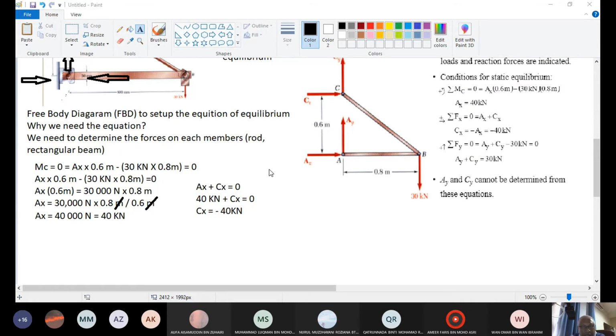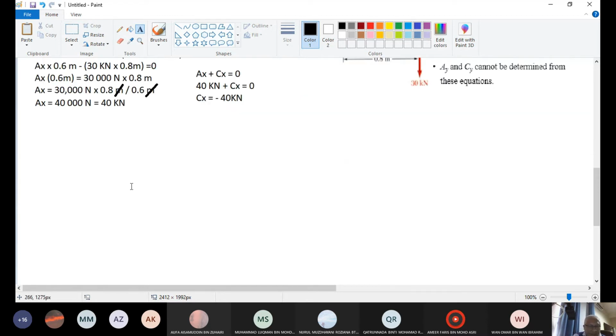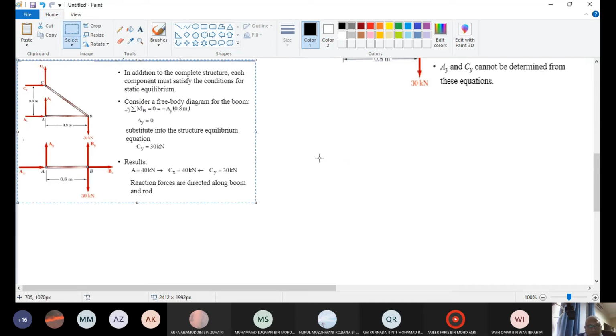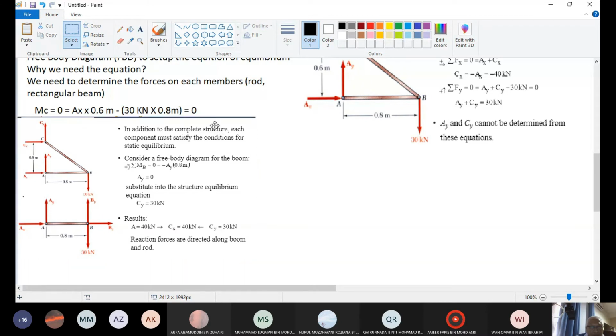We only considered C, A. Now we have to consider action on B. So we have to change. We have been doing forces at C, forces at A. Now we have to look at B for us to be able to solve the Ay and Cy. We have to go to B.